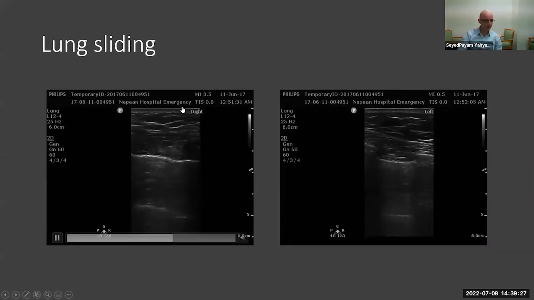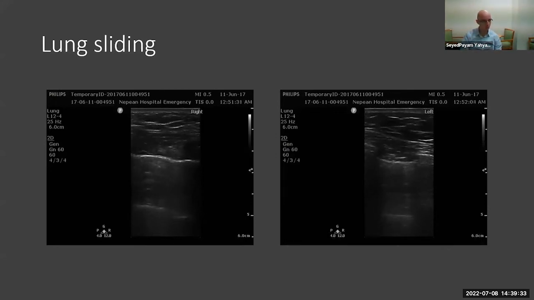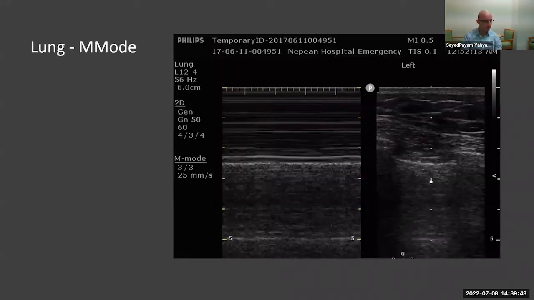In this example, they have used the linear probe, but obviously we can use the curvilinear, and usually we do use the curvilinear or phased array probe if we don't have the linear, but it should be on the lung settings. Then on M mode, we are looking for the seashore sign.